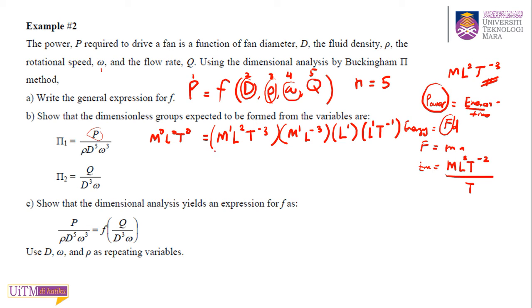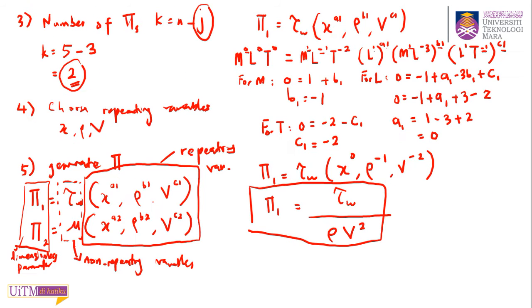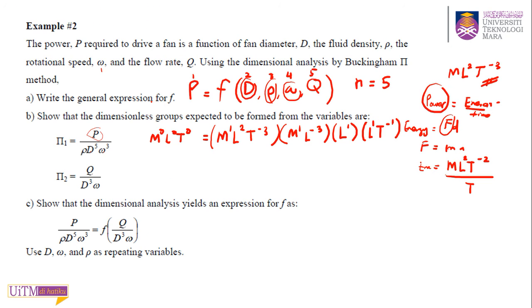Okay, for pi 1, we will take rho, D and omega as our repeating variables, in the fourth step: choose repeating variables. Because it gives you this dimensionless group with rho, D and omega.